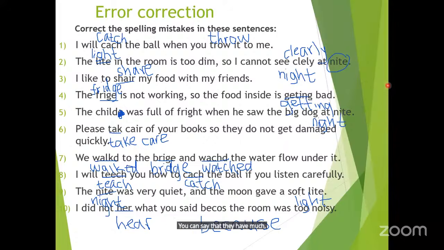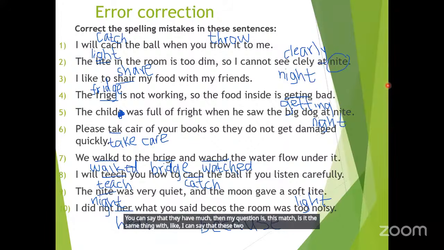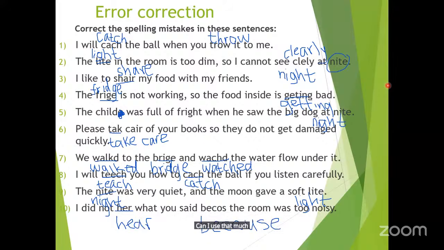Then my question is, is this match the same thing as when I say that these two colors matched? Can I use that match? Match actually has different meanings.